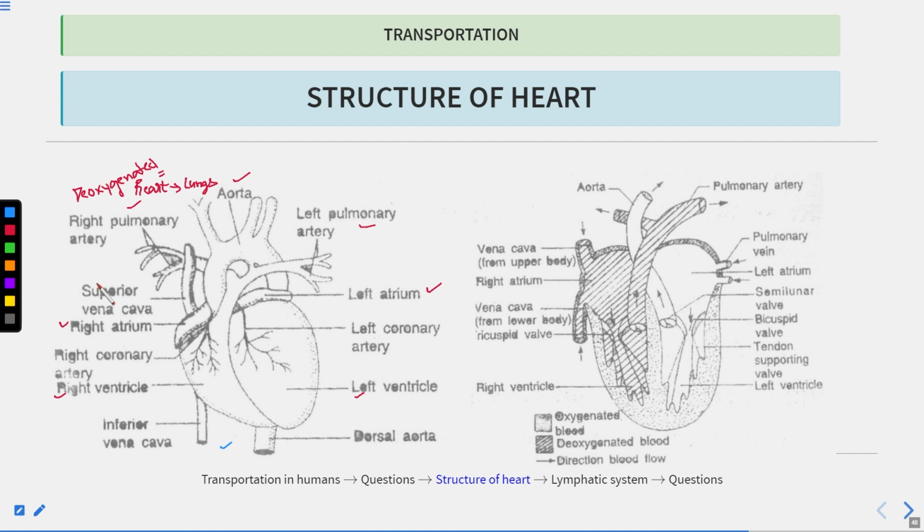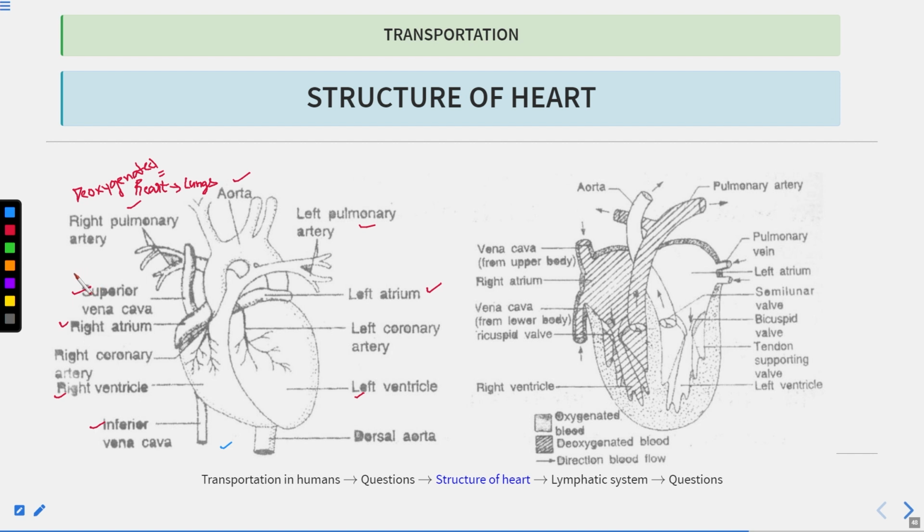Then you can see here the vena cava, superior vena cava and inferior vena cava. The vena cava carries the deoxygenated blood. The superior vena cava, we'll discuss in an upcoming slide, carries the deoxygenated blood from the upper body parts like the neck and the head, the region above the abdomen.